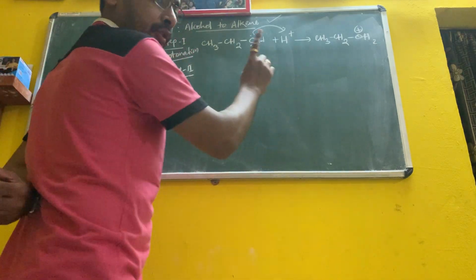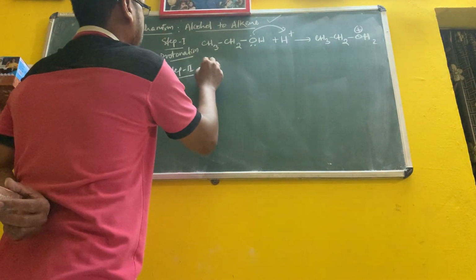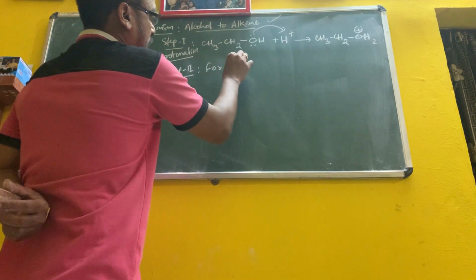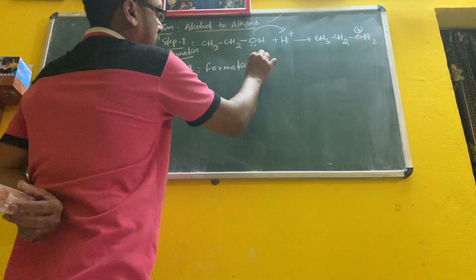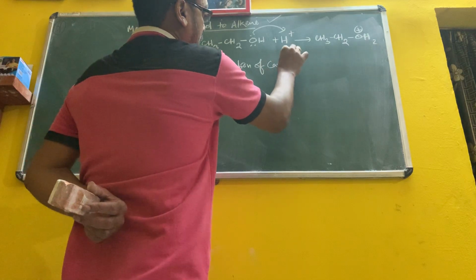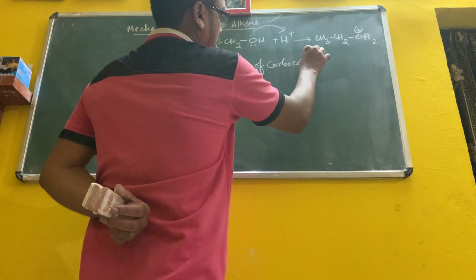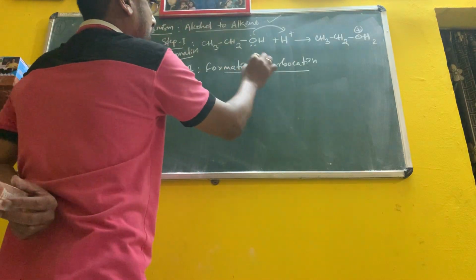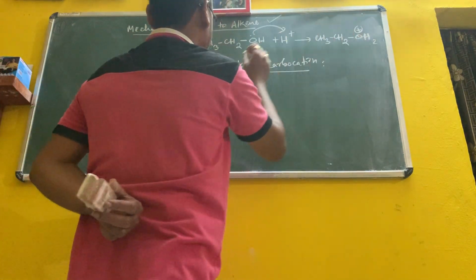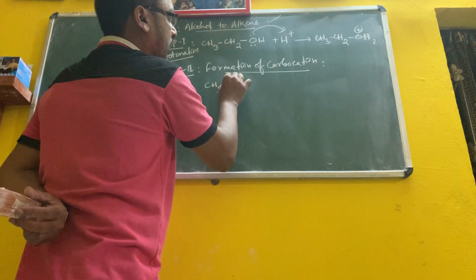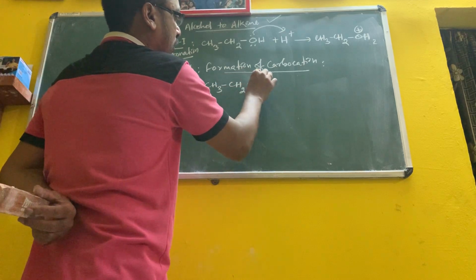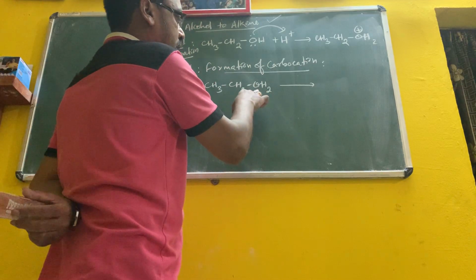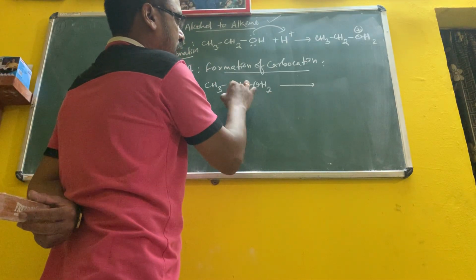Formation of carbocation. Step 2. You see this one: in CH2, OH2 plus, the bond is between carbon and oxygen.